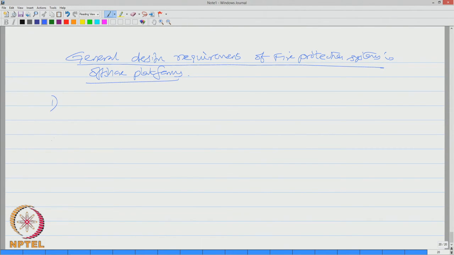One, they should consume low firefighting agents like water, foam, etc. They should have low firefighting agents consumption.